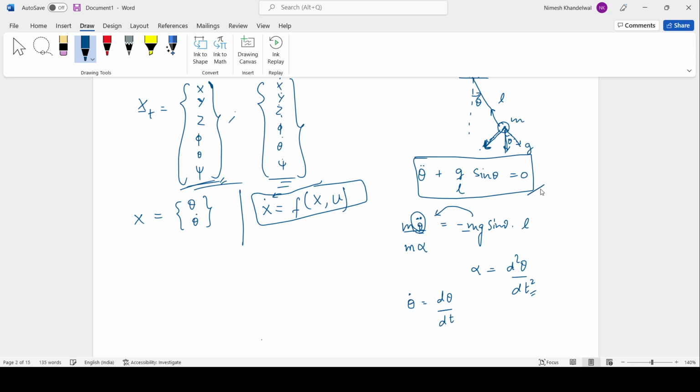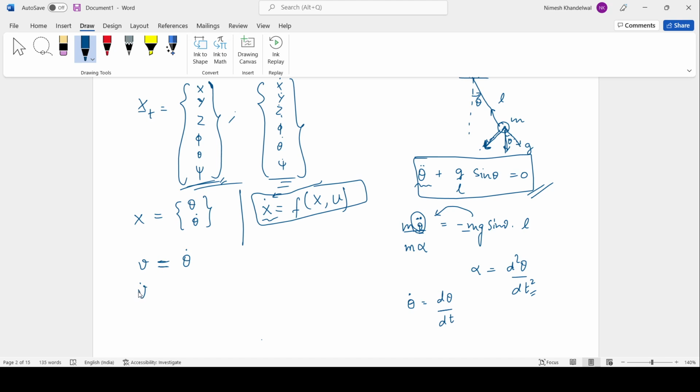Now if I want to write this in terms of first order, because right now it is second order, let us say I introduce a variable called v, and I call it theta dot, the angular velocity.